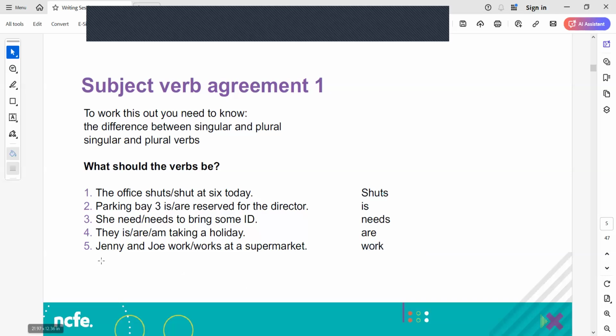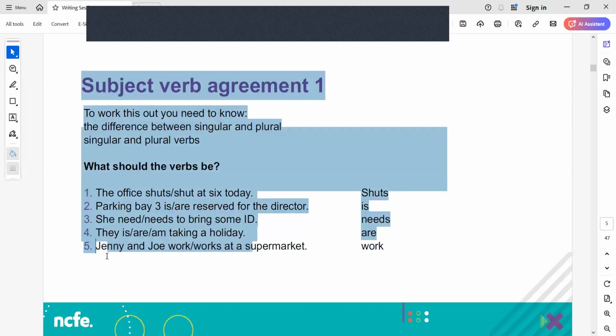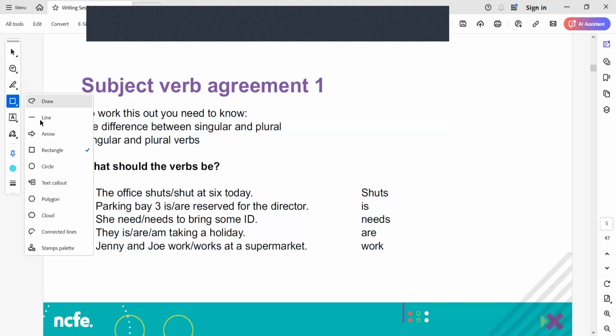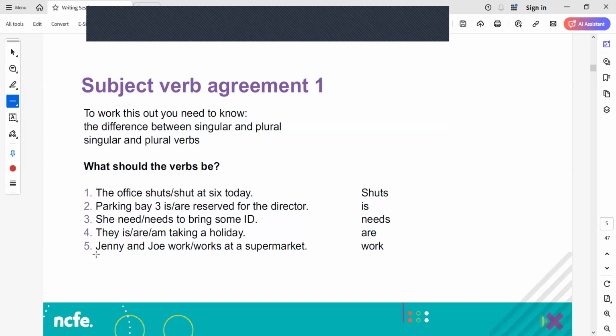So we have two people, so each person is a single person, but because they're joined with and, we've got more than one person. So we're using the plural form of the verb, work.